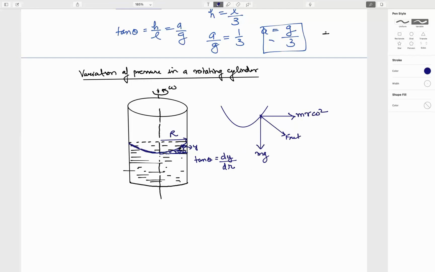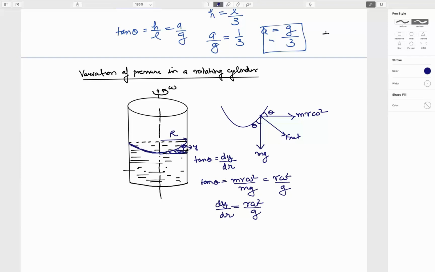If this is theta, this is theta, this is also theta, then tan theta will become m r omega square by mg, and that is r omega square by g. So dy by dr comes out to be r omega square by g.